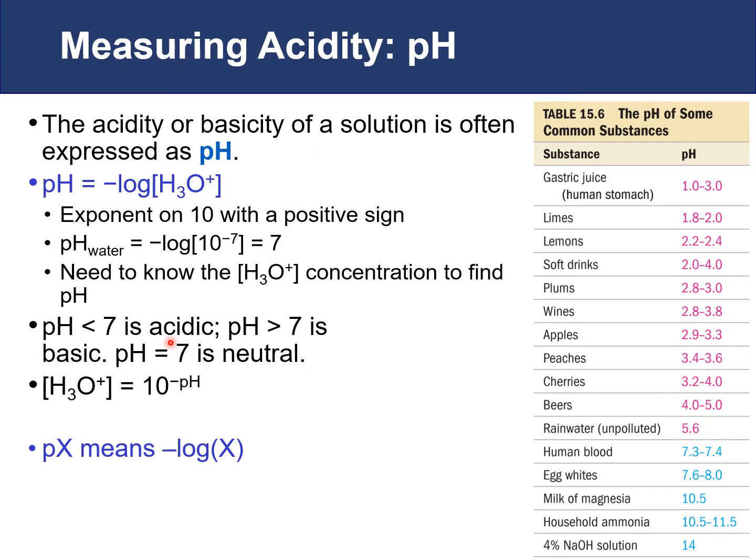The way that we would then figure out the hydronium ion concentration is to undo that negative log process. So our hydronium ion concentration, H3O+, would be equal to 10 to the negative pH. The negative here undoes the negative on the outside of the log, and the way that we undo a log is by taking the number and having 10 raised to that value.